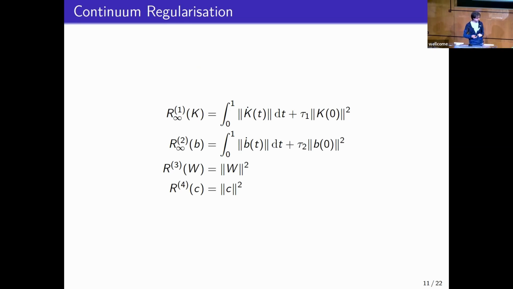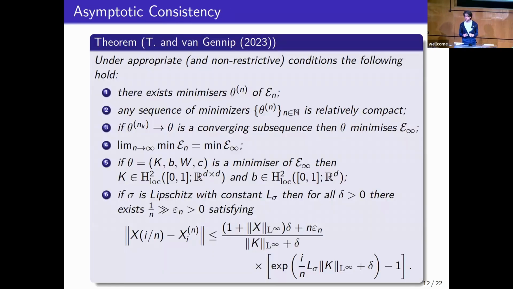With this regularization, we can get the theorem one would expect. First, there are minimizers to my discrete variational problem. Not too surprising. Then any set of solutions is compact, and any converging subsequence of minimizers converges to a minimizer of my continuum problem.